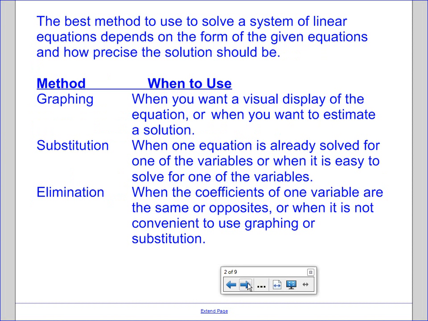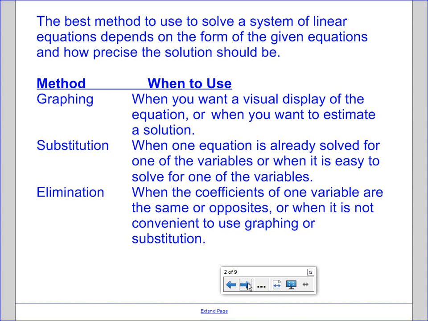The best method to use to solve a system of linear equations depends on the form of the given equations and how precise you want the solution to be. The three methods that we have, and we have already talked about this to some extent, are graphing, substitution, and elimination.